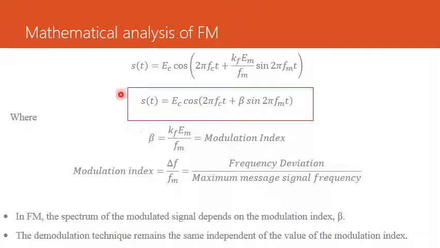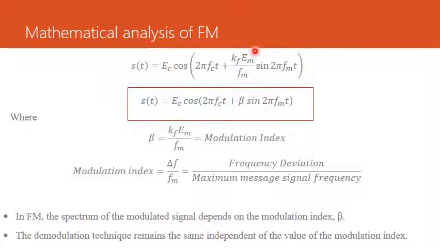So now the equation has become S of t is equal to Ec into cos of 2 pi Fct plus Kf into Em divided by Fm into sin 2 pi Fm into t. So this is the FM modulated wave.